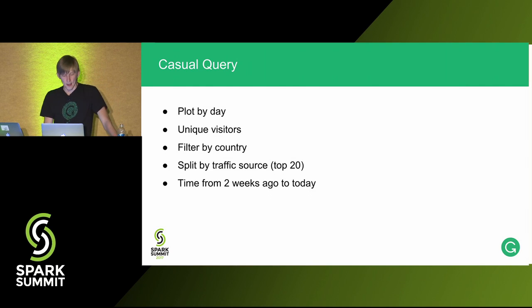Here's an example of maybe the simplest possible report this casual querying should support, which is basically you want to plot certain event by day, filter it, count maybe unique visitors instead of counting the whole total number of events, filter by certain dimension, split by certain other dimension, and pick the time interval.